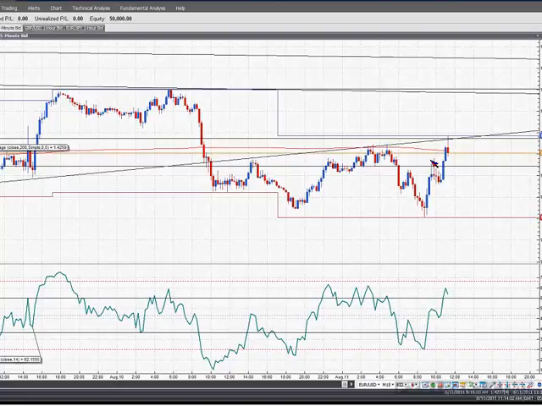I would look for the market to continue consolidating, see if it could break back below this low, and look for the 1.6050 area to long. That's my opinion. I'm not convinced yet that this is where the market will start the rally.